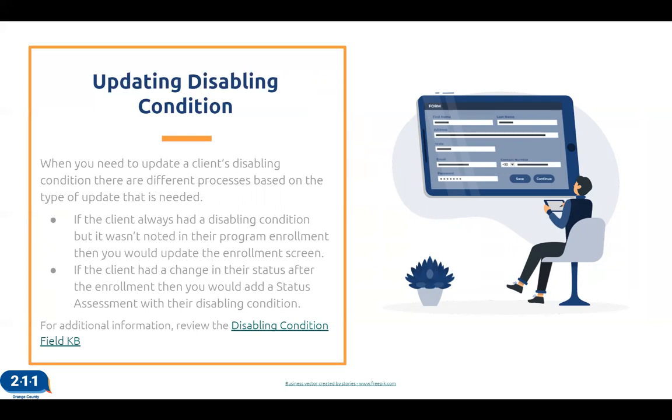If the client always had a disabling condition and it wasn't noted in their program enrollment, then you should update the enrollment screen. If the client had a change in status after the enrollment, meaning that they're now in a disabling condition status, then you would add a status assessment for their disabling condition so it can be tracked. This information has been updated and added to our disabling condition field knowledge base, which is linked below.